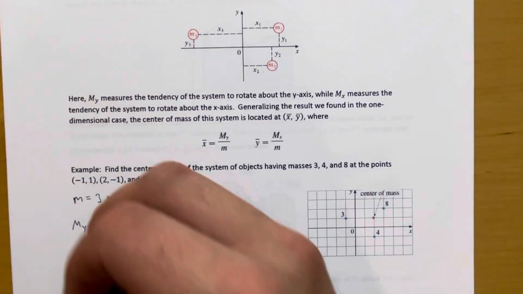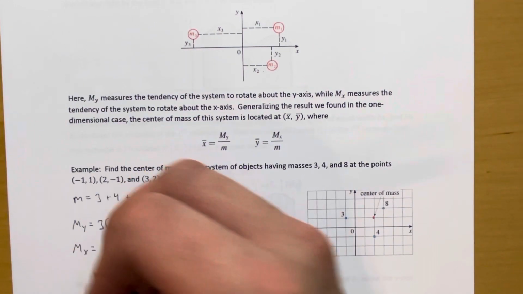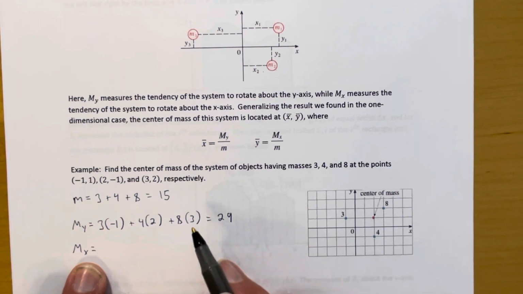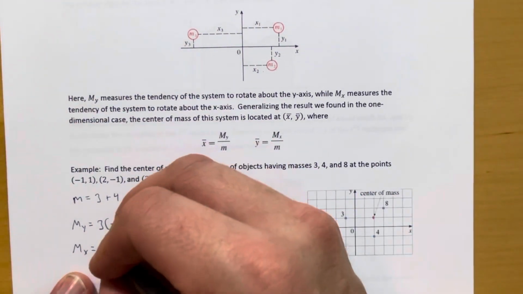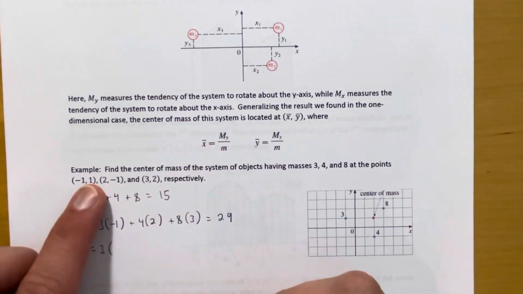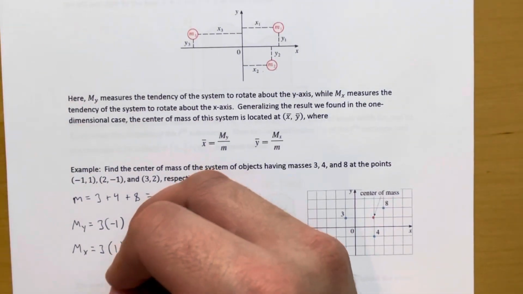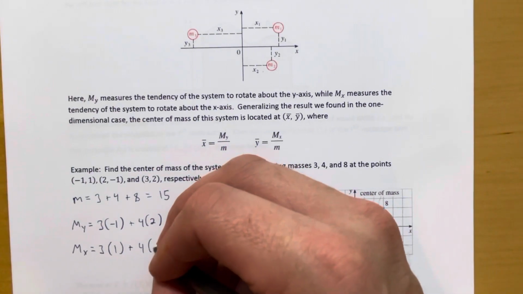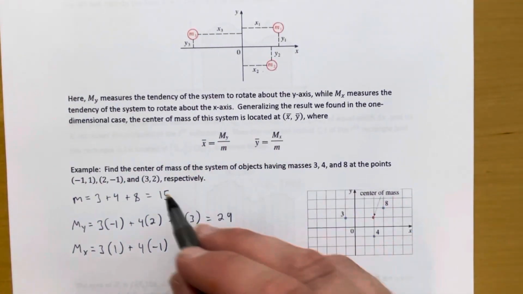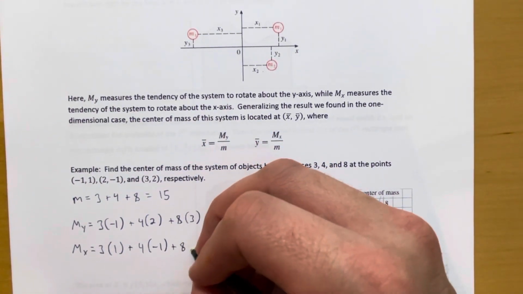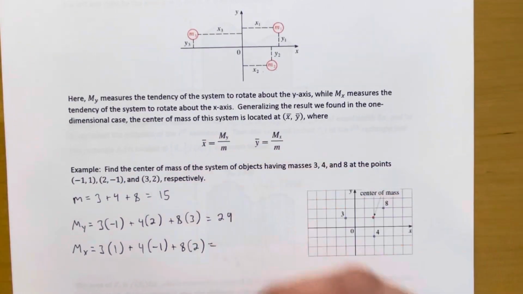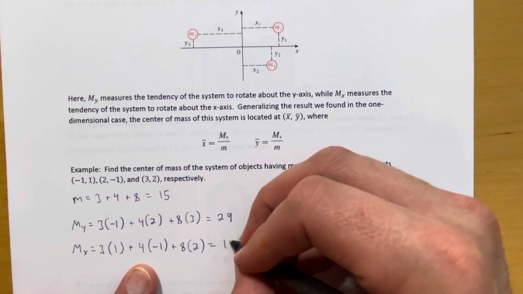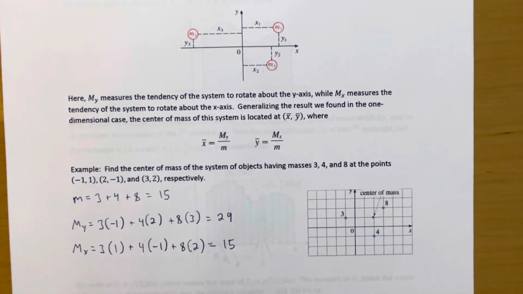Okay? And then I have Mx as well, same idea. Even though there's an x here, we're using y coordinates. So same idea, 3 is my first mass, times the y coordinate of that point, 1, plus 4 times the y coordinate of this point, -1, plus 8 times the y coordinate of that point, which is 2. That's 3 minus 4, which is -1, plus 16, which would be 15. Okay?